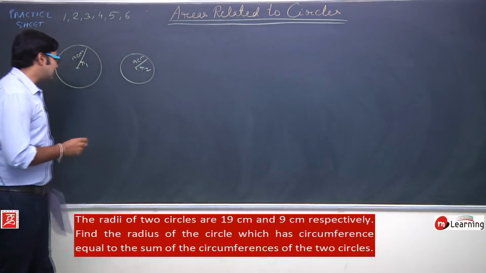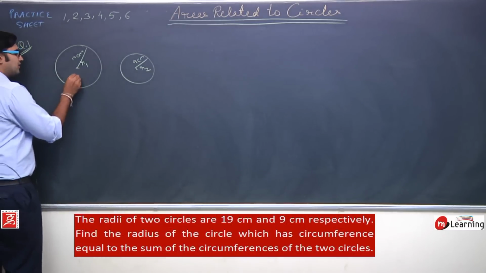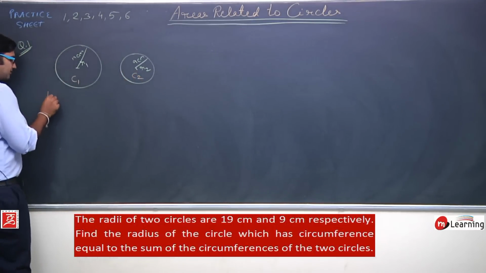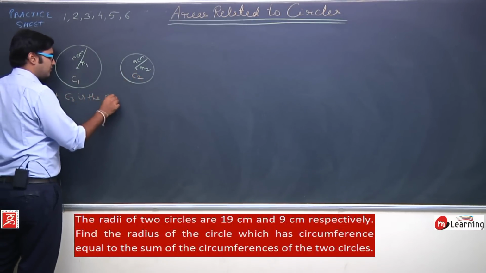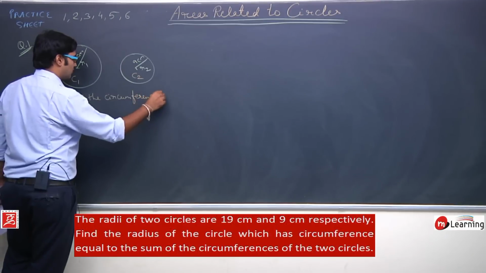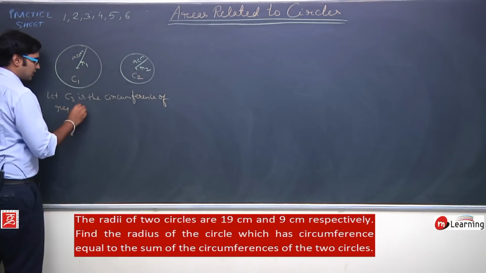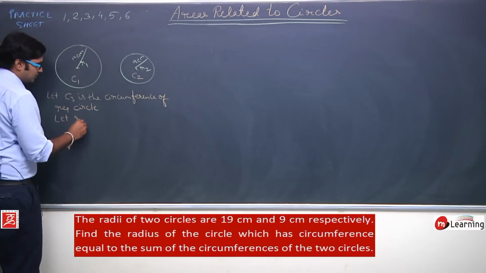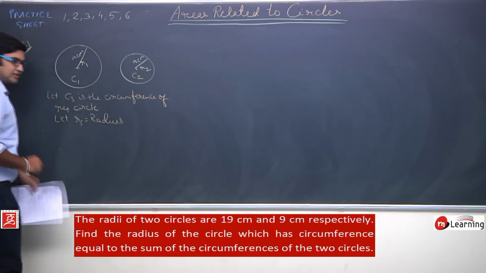So let us say the circumference of this circle is C1, circumference of this circle is C2. Let C3 be the circumference of the required circle, and let R3 be the radius.